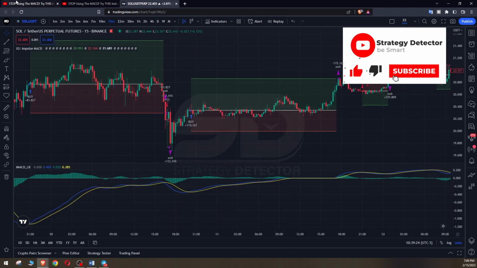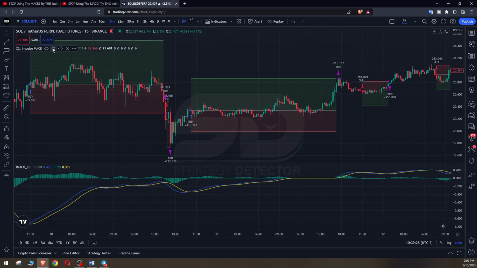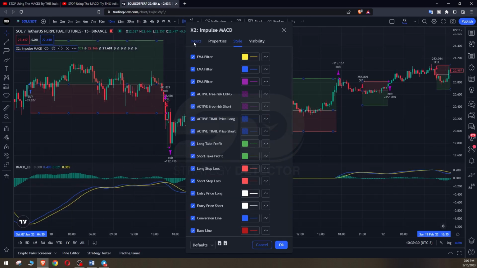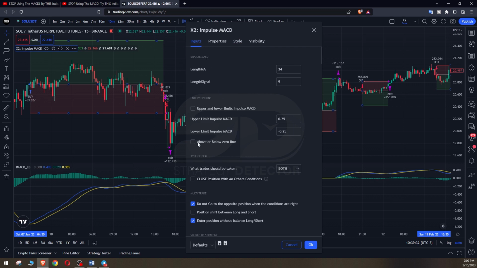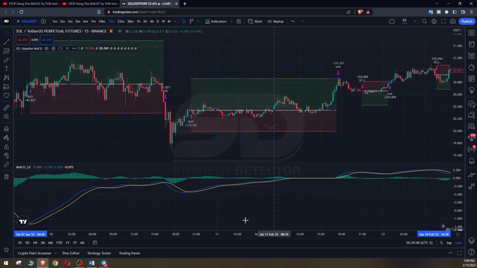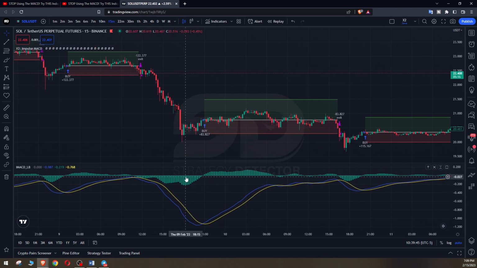And in the other part of this video that our friend suggested, we have a bunch of limits added to this strategy. The first limitation we're gonna add is that the crossover for long positions must be below the zero line. And for short position, it should be above the zero line. This is our zero line. Now you see we have this one in the chart. It happened here.